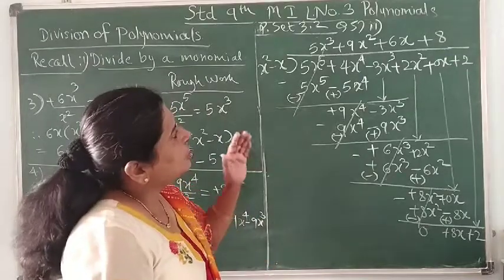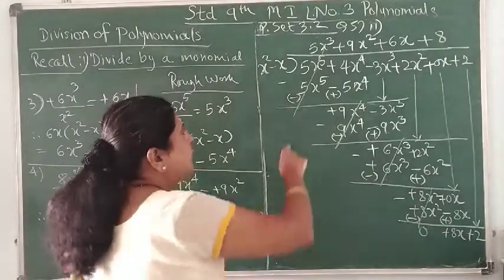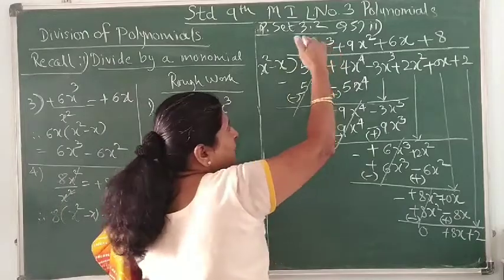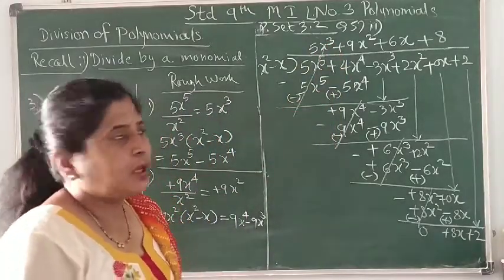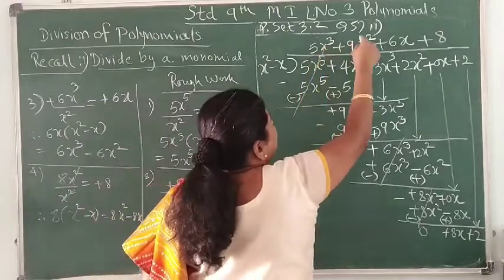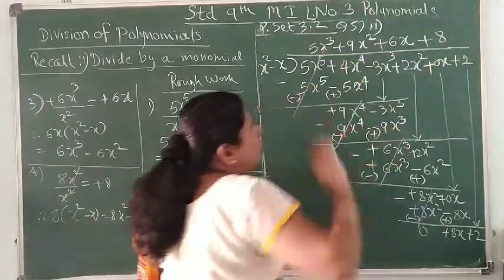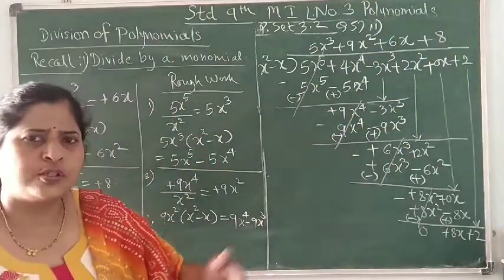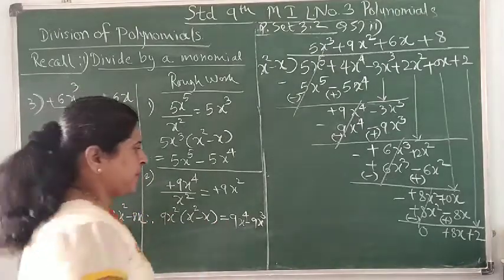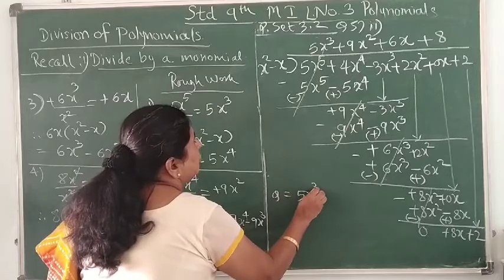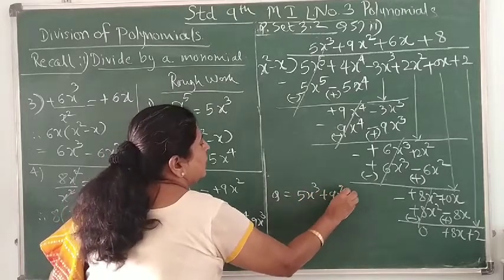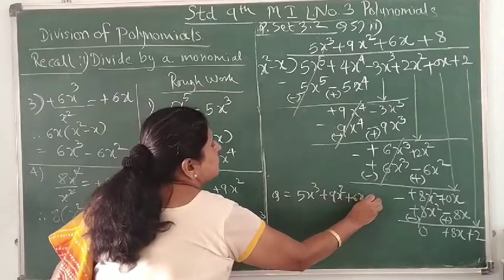Okay, you can find that generally we get this quotient also in the descending order of the power of the variable. Here the first power is 3, then 2, then 1, and then we have got the constant. After the constant you are not going to get any term. That's why your quotient is 5x cube plus 9x square plus 6x plus 8.